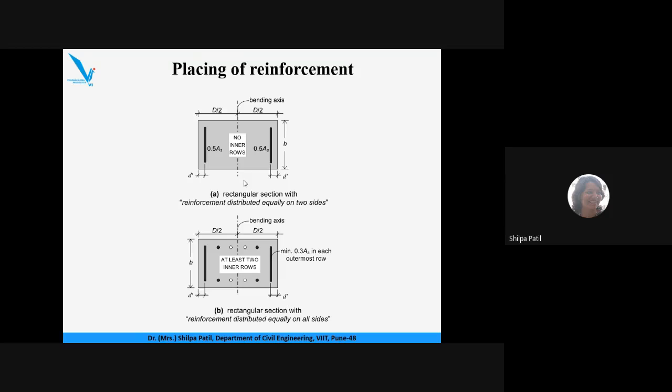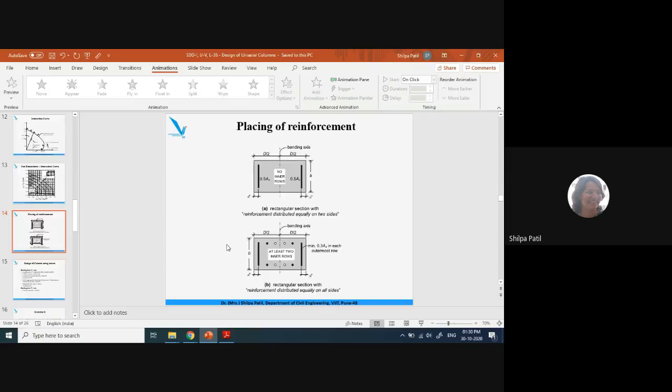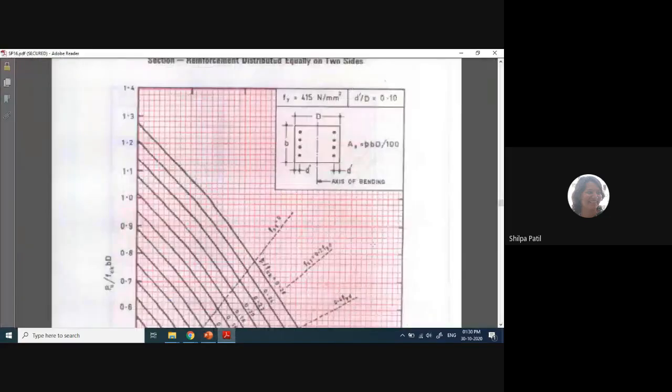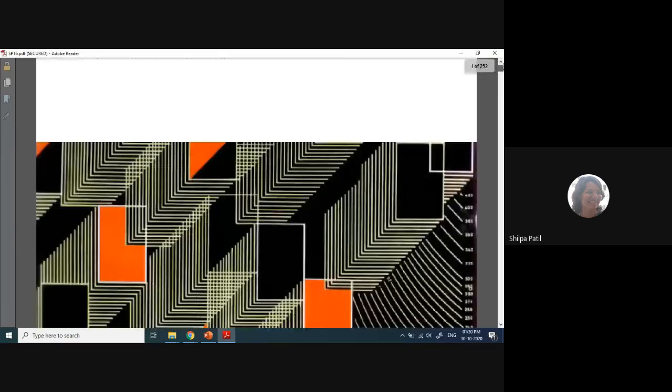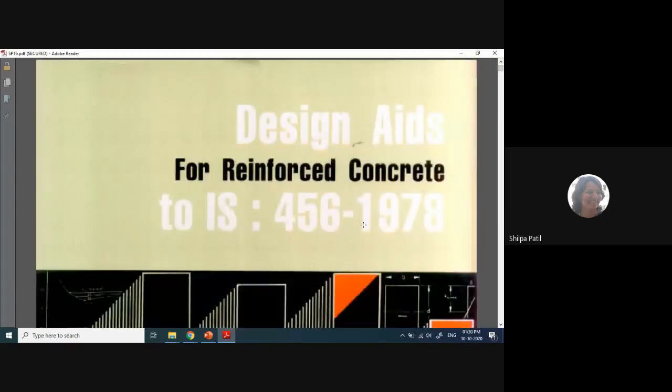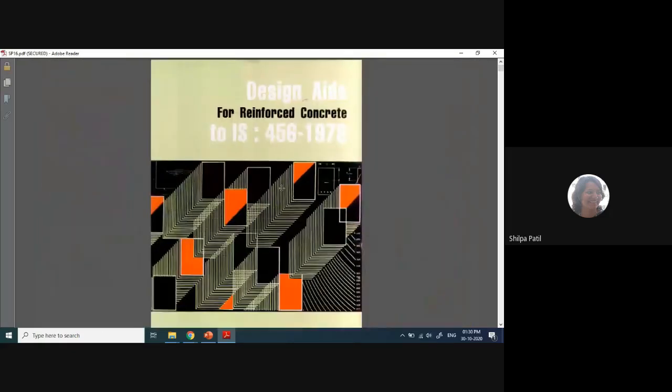Okay, so let me show you now SP16. This is SP16. I will go to the first page to show you the title. This is SP16, Design Aids for Reinforced Concrete to IS 456 1978.